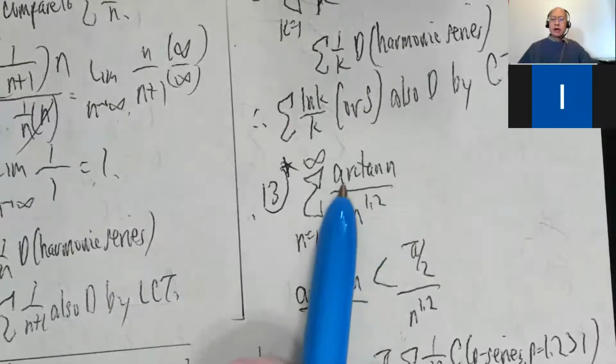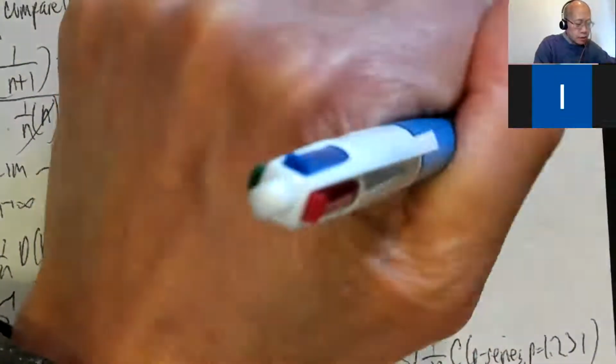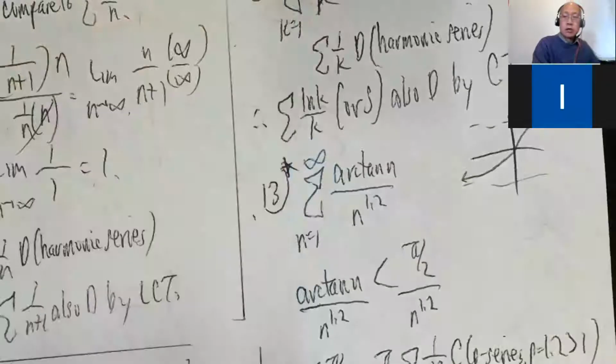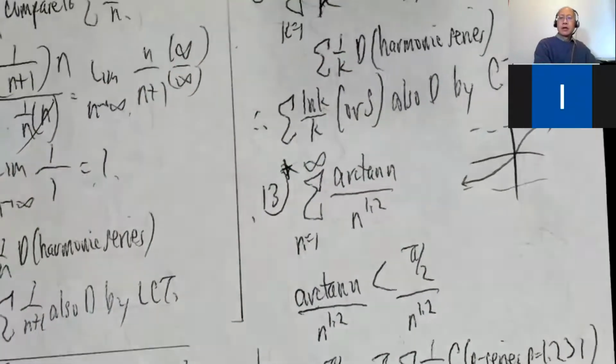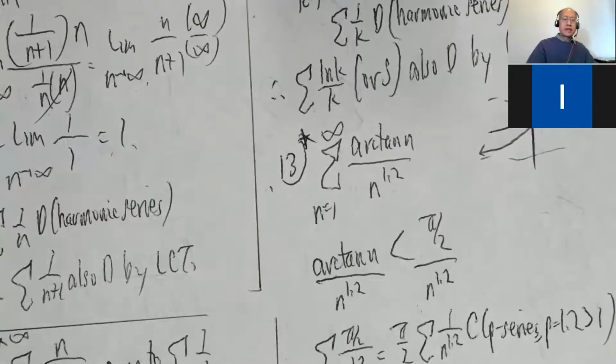What do I know about arctan? Arctan of a real big number is almost pi over 2, a little bit smaller. You might recall the arctan function looks like this. Close to pi over 2, but stays below. That's the key thing.